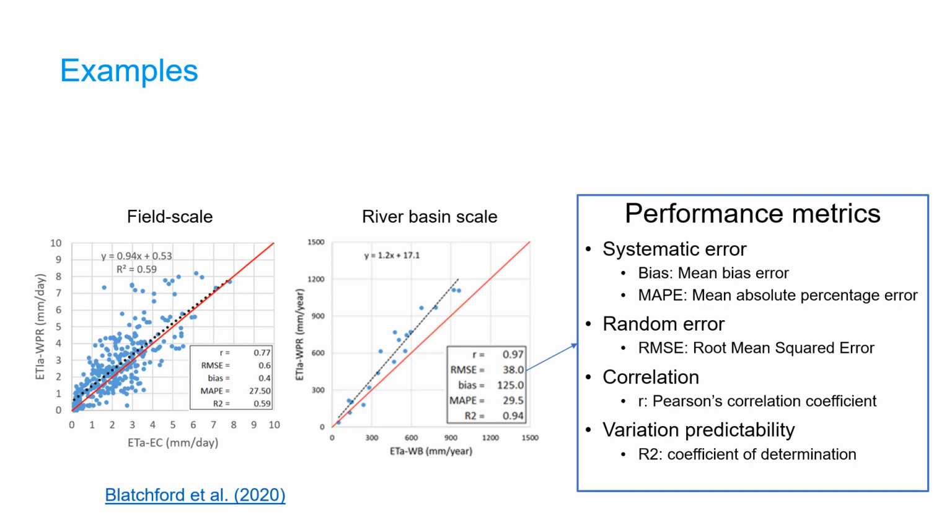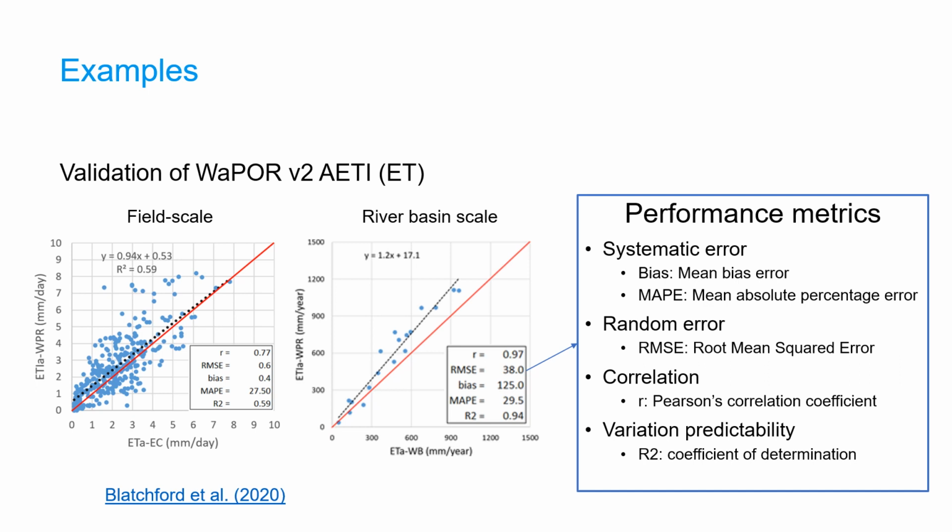Here are some examples of WaPOR AETI validation. Several performance metrics should be calculated to characterize the accuracy and precision of the data. The most common metrics are root mean squared error, bias, correlation coefficient, and coefficient of determination. Bias and mean absolute percentage error can be used to evaluate systematic error.